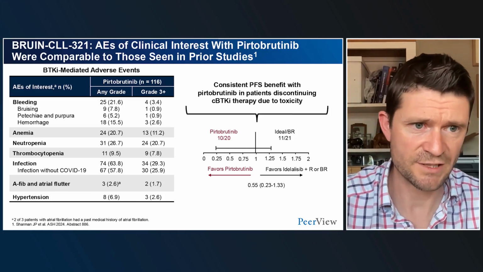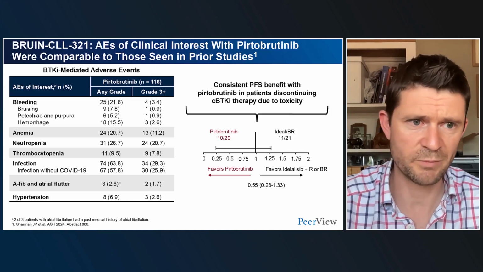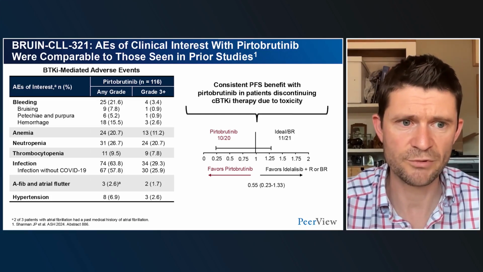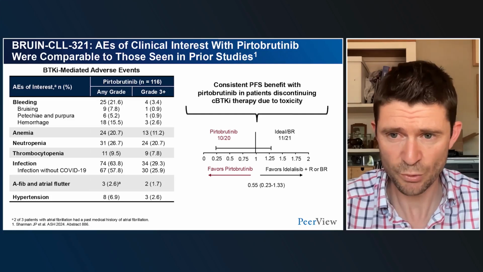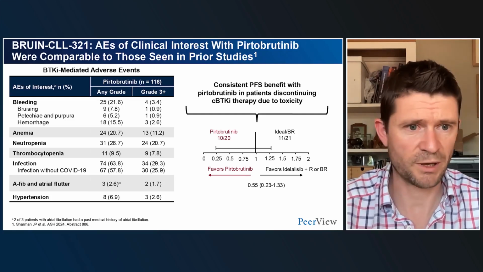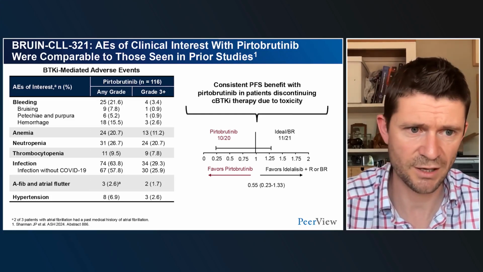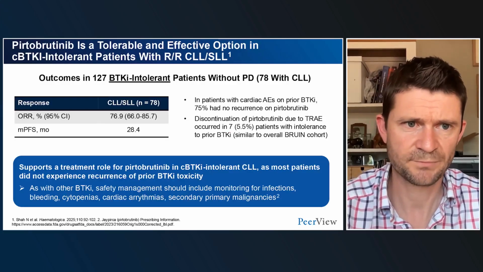You can see here a list of adverse events of particular interest that we often look out for with BTK inhibitors, and you can see the risk of grade 3-4 bruising and bleeding, the risk of hypertension, and atrial fibrillation, broadly speaking, are very low. Now, there were some infectious complications in this study, but of course, one must consider the context of the trial in heavily pretreated, high-risk patients.